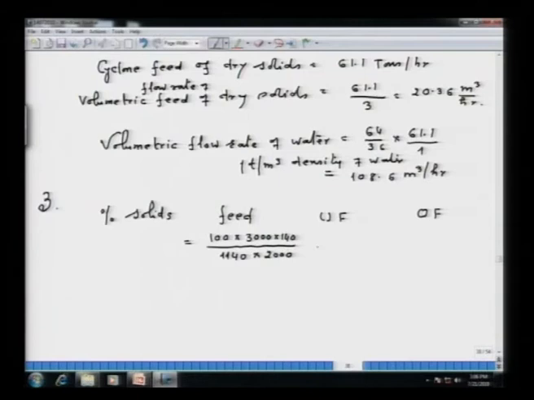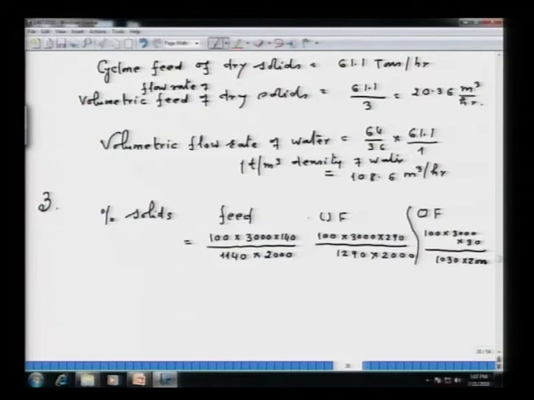In the underflow, this is 100 into 3000 into 290 upon 1290 into 2000, and in overflow this is 100 into 3000 into 30, divided by 1030 into 2000.